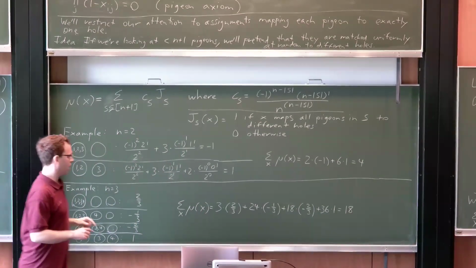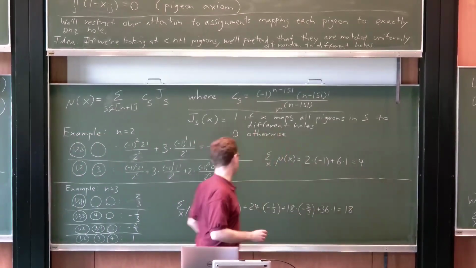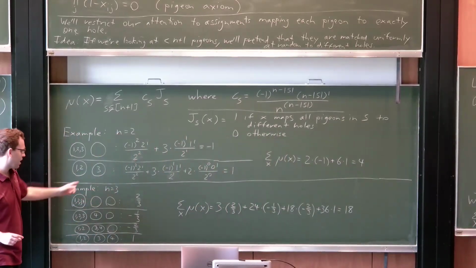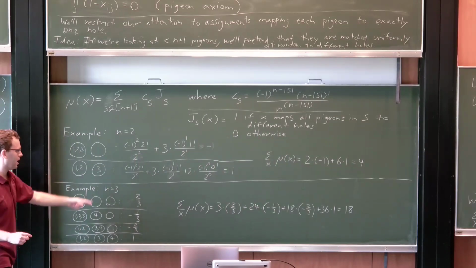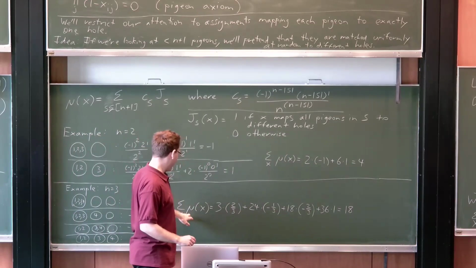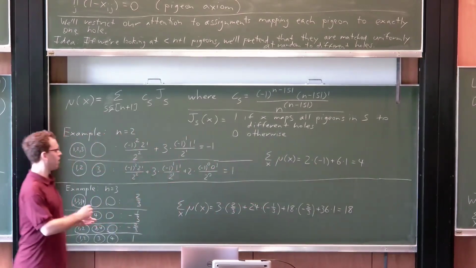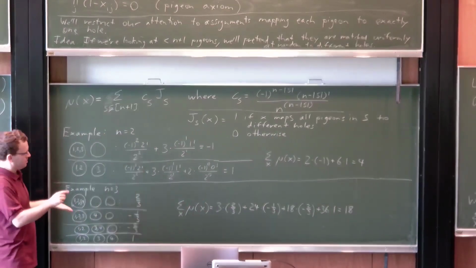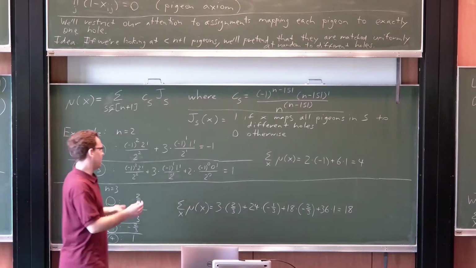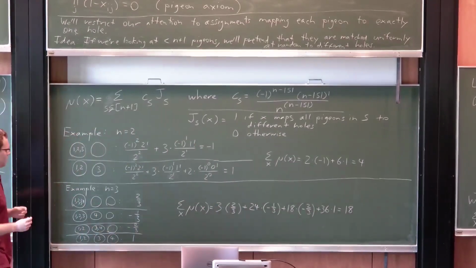The sum over x of mu x in this case turns out to be 4. For 4 holes and 3 pigeons, the coefficients are a little more complicated, and the sum of mu x turns out to be 18. For these 2 examples, for all weakenings w, the sum over x of mu x times w x has magnitude at most 1, but this won't be true for higher n.